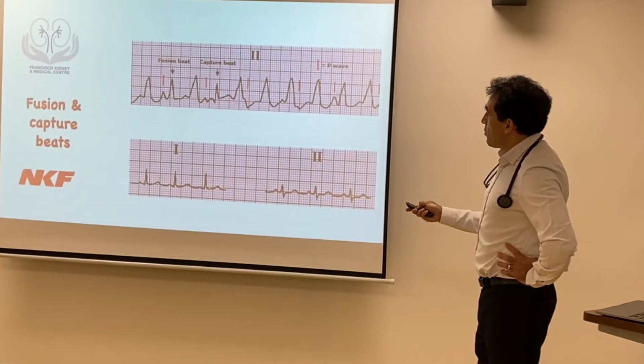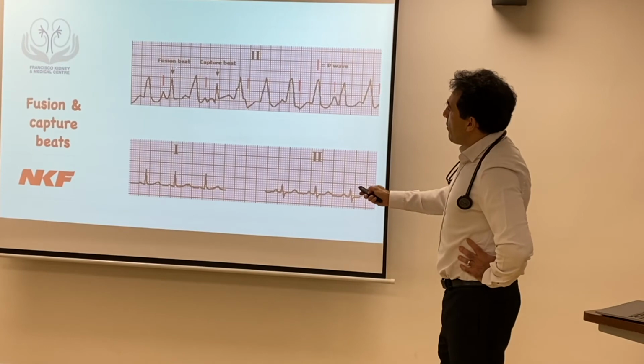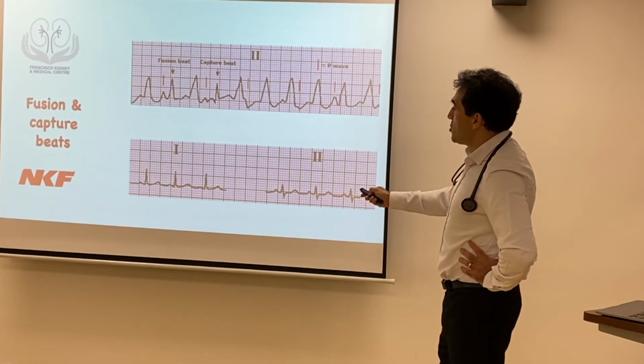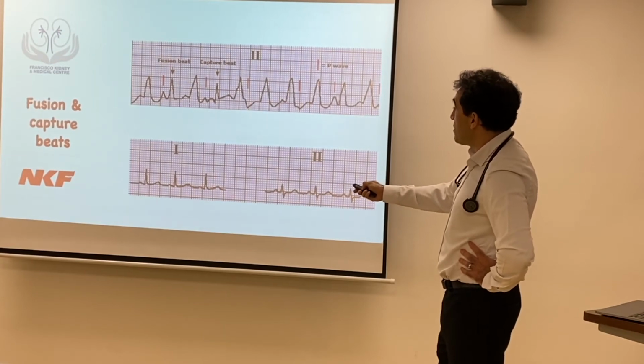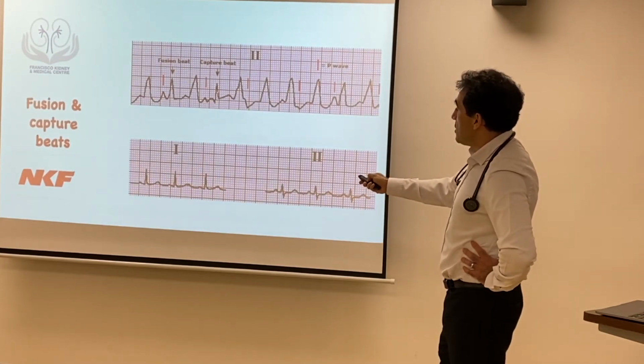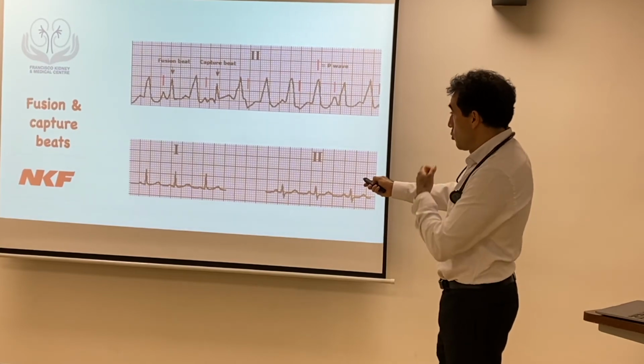For example, I mentioned it a little bit later, but the fusion beat is a normal QRS fusing with one of these escape beats, and then forming a different one looking totally different. And a capture beat, suddenly a more normal beat starts, they start capturing and start trying to work normally.